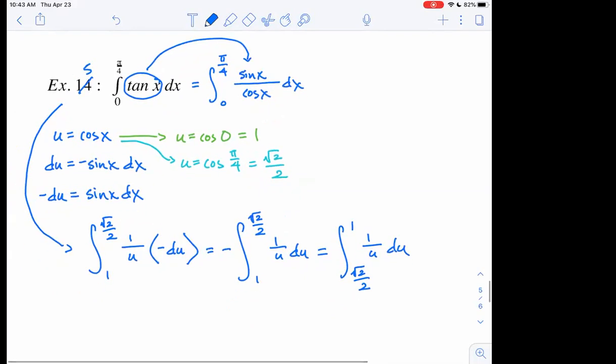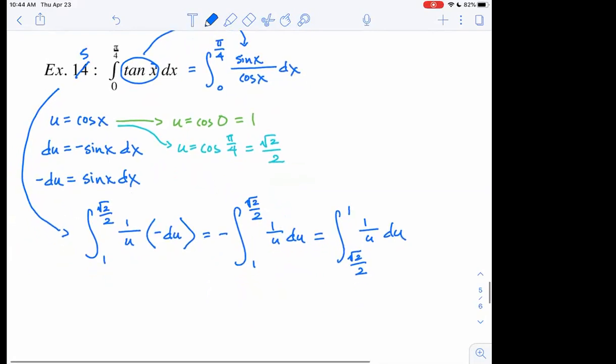Now this switch your bounds trick, it's helpful, but you don't have to use it. Like, people do the problem without it just fine. I think I just find it useful in cases where there's a negative in front, because then I don't forget about a negative sign. All right.